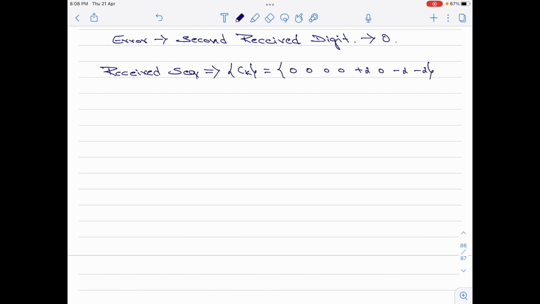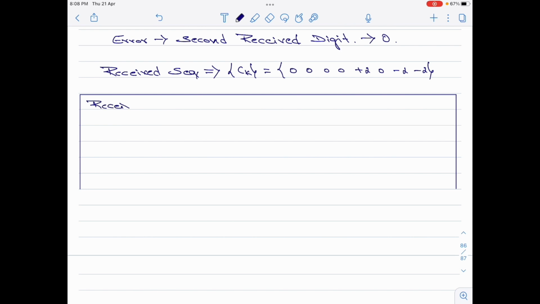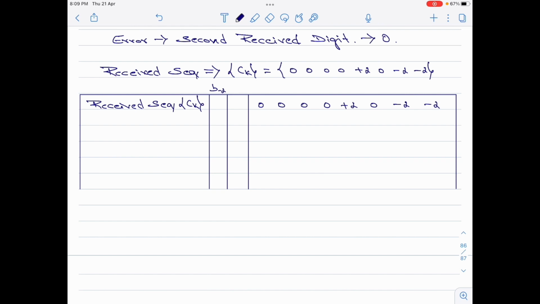Now I am going to once again construct the same table for the receiver. I will start by writing the received sequence. It is 0 0 0 0 +2 0 -2 -2. I will once again be using b_{-2} and b_{-1} here.